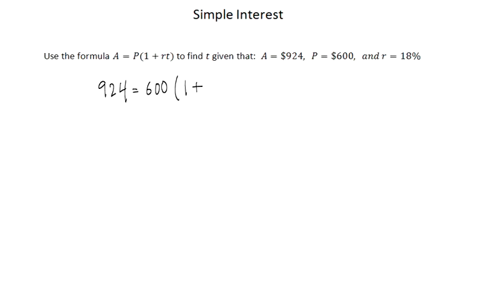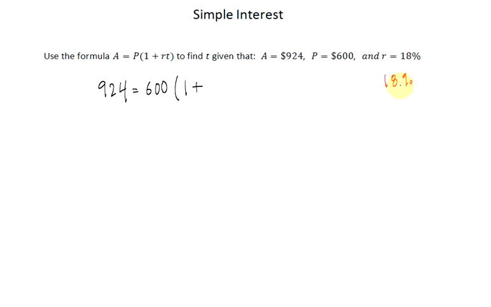And any time you're given R as a percent, it's important to recognize that in the formula, R represents the rate, but it represents the rate as a decimal. So to change 18% to a decimal, we move the decimal point 2 places to the left.